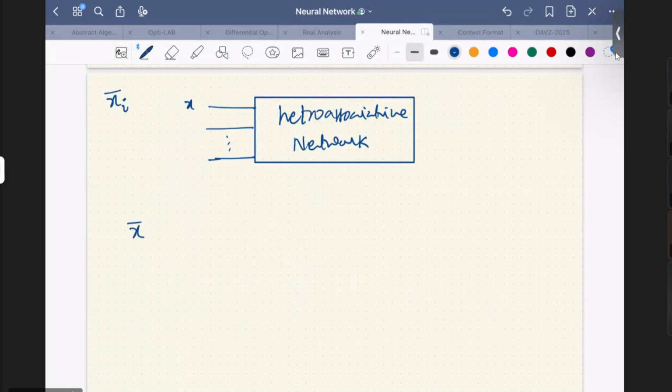If I have xi bar belonging to Rn, I need to mention the coordinates x1, x2, and so on up to xn. So this notation is a bit confusing.